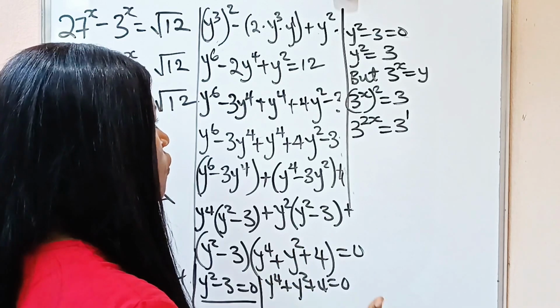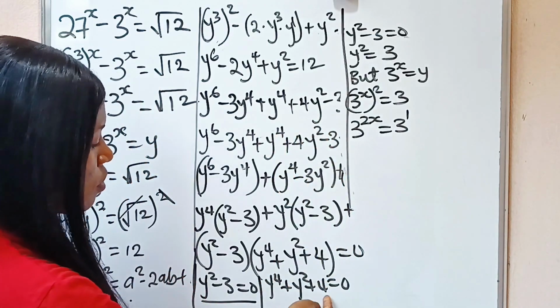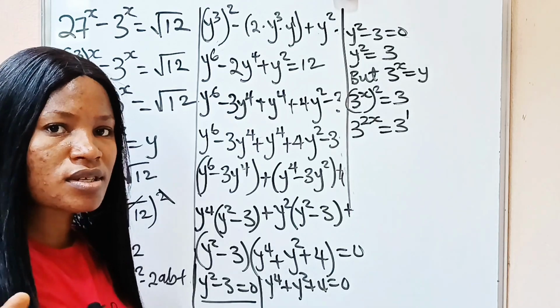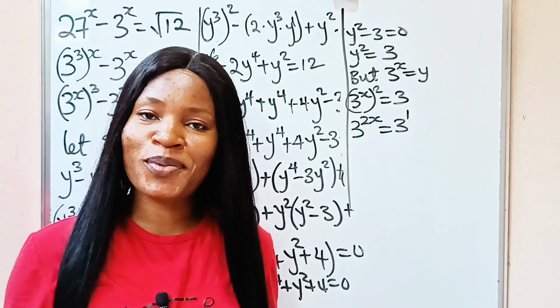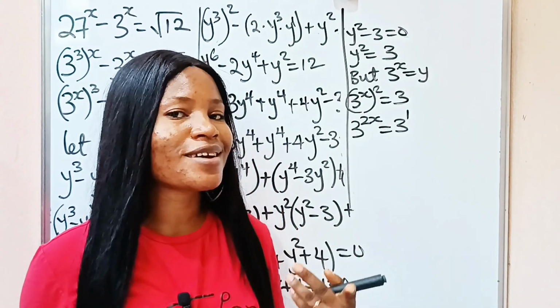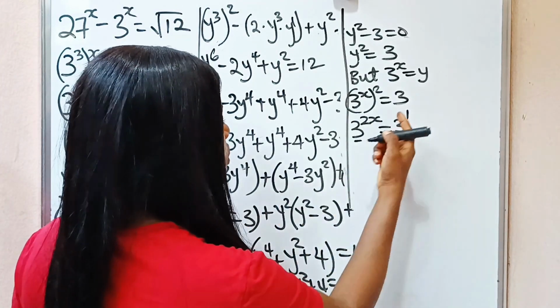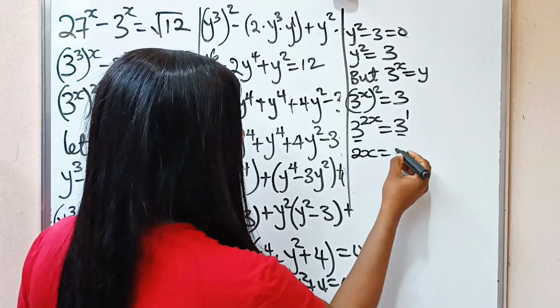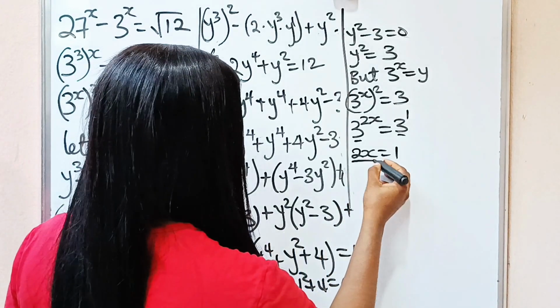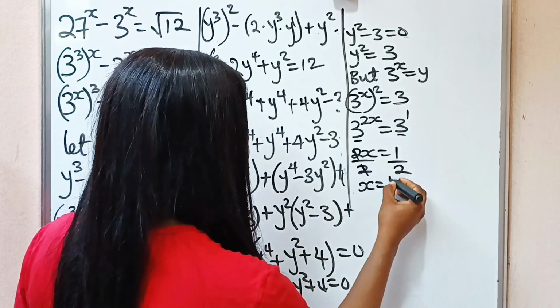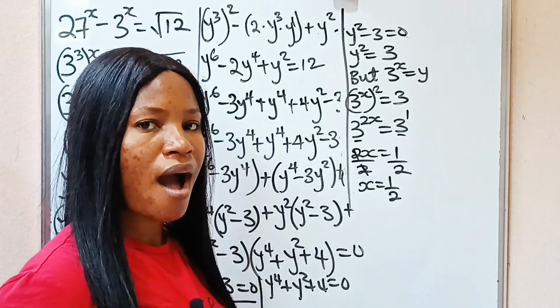Recall that we are still going to look for the value of y from here. So this is just the first value of y. So just sit tight while we keep getting the results together. When you have the same base, you ignore the base and equate the powers. So we can write that 2x is equal to 1. Now we divide both sides by 2, and we have that x is equal to half.